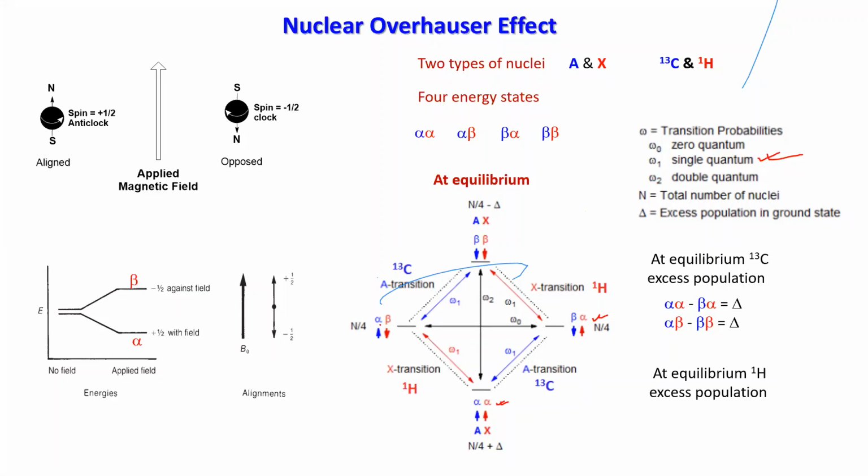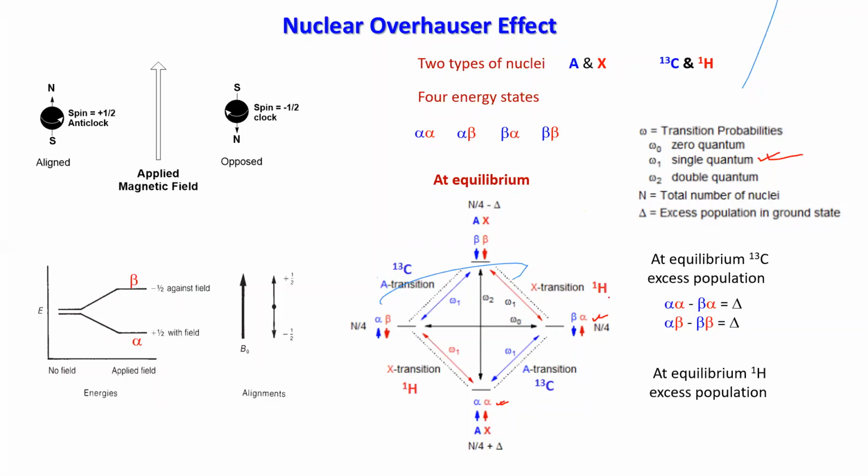So that means 13C or nuclei A is not undergoing any change, only the proton or the X nuclei is undergoing the change, a single quantum. So here red color alpha has converted to red color beta. That is responsible for X transition or proton transition. Similarly, in the opposite direction, you have beta alpha to beta beta. That is also X transition or proton transition.